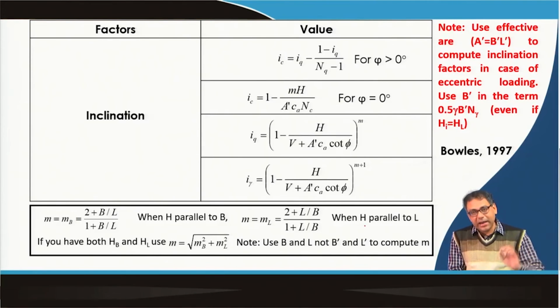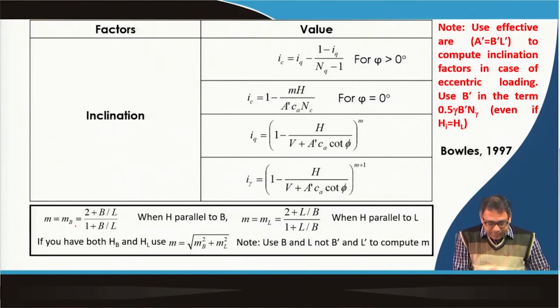conditions. So, again like Hansen, here also if the horizontal component of the inclined load is parallel to B or L or both, that effect can be incorporated here. M will be MB when H, the horizontal component of the inclined load, is parallel to B. If it is parallel to width, then we use this equation, M will be MB.